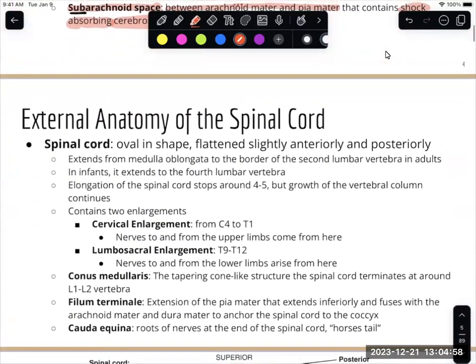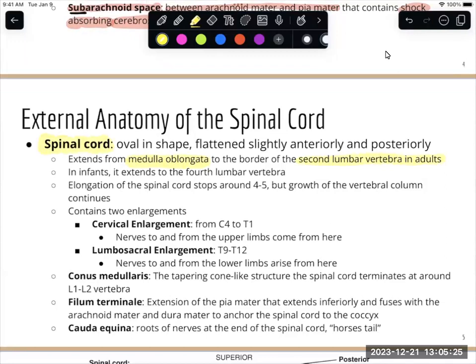Then we come to our spinal cord. This spinal cord, I drew a picture of it in the nervous tissue. We saw some pictures of it. But it goes from the medulla oblongata, which is the bottom of the brain stem. It goes to the second lumbar vertebrae in adults.